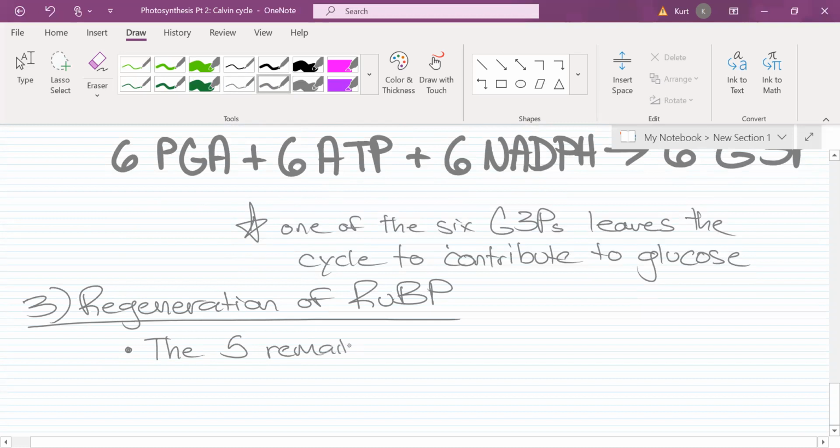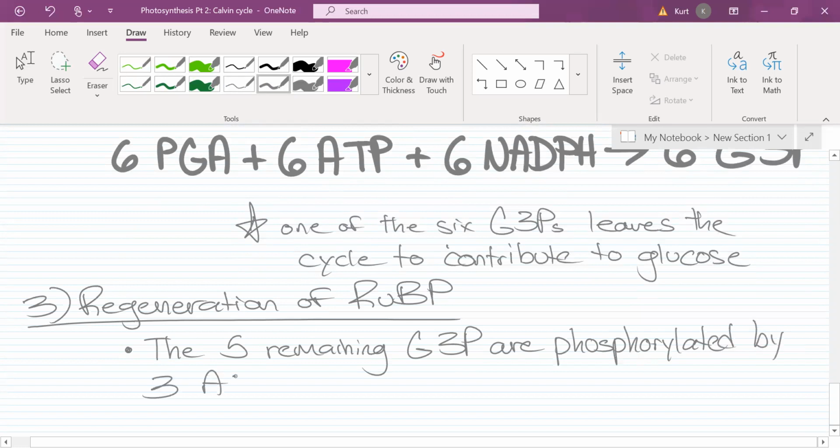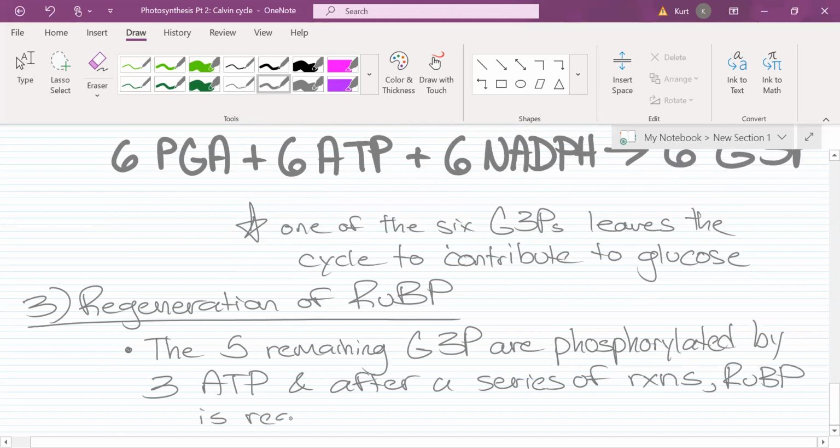The 5 remaining G3P are phosphorylated by 3 ATP, and after a series of reactions that you guys don't need to know about, RuBP is regenerated.